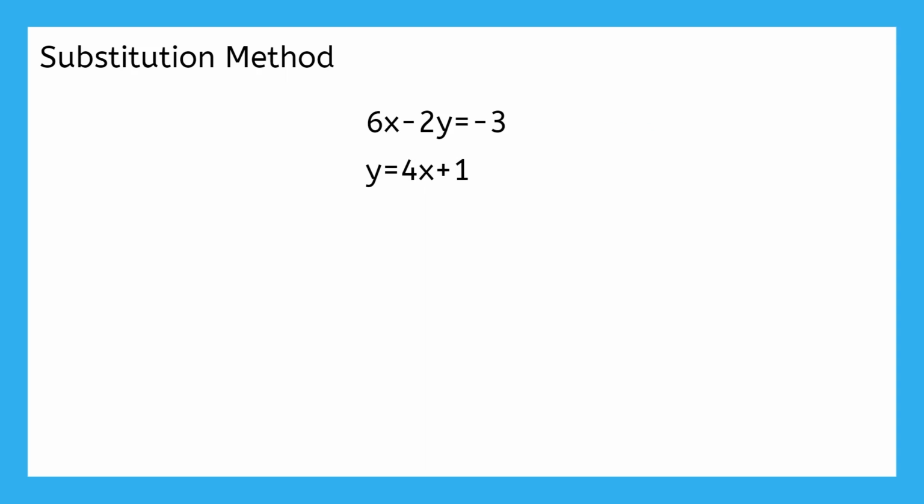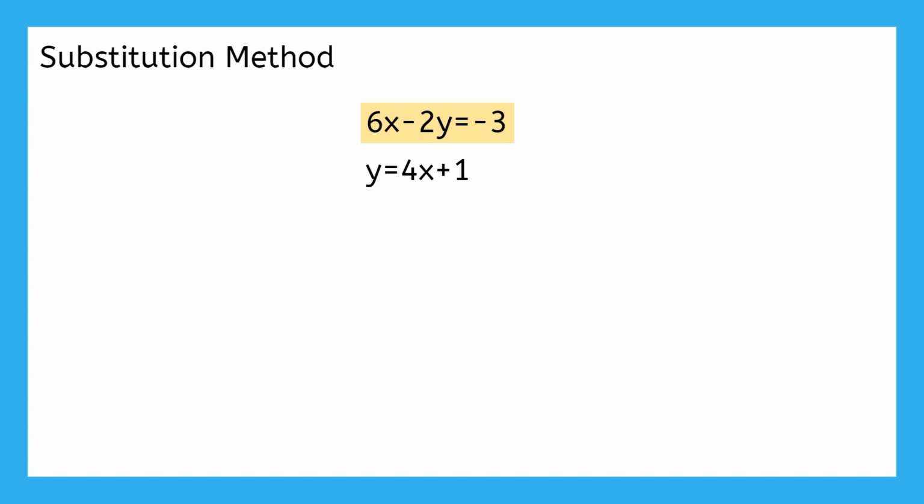So think about how you could approach this problem. This time we don't know the exact value of y, but we do know an expression that represents y. Can you think of a way to use substitution to get this top equation to only contain the variable x?